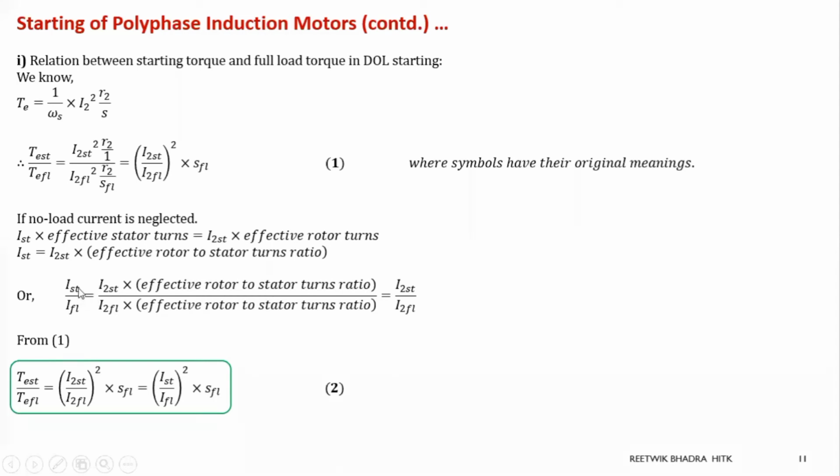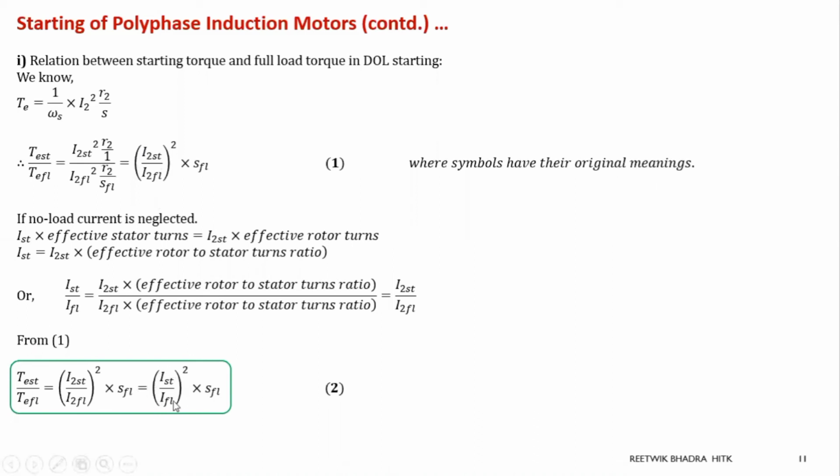So IST by IFL can be written as I2ST by I2FL. This I2ST, instead of writing on the rotor side, we can write in terms of the stator side, because the full voltage is applied to the stator. So I can replace this I2ST in terms of IST also.